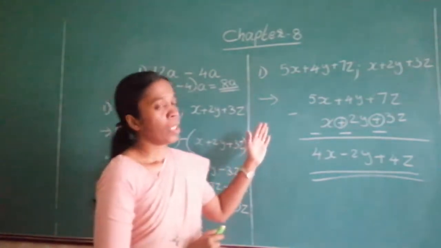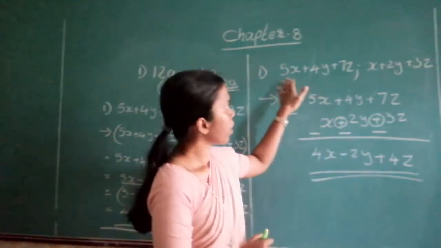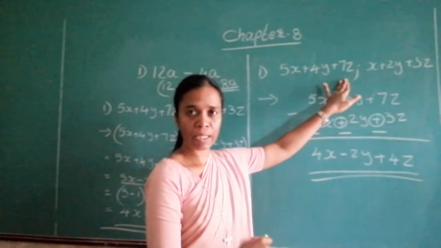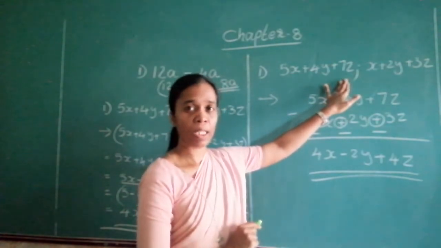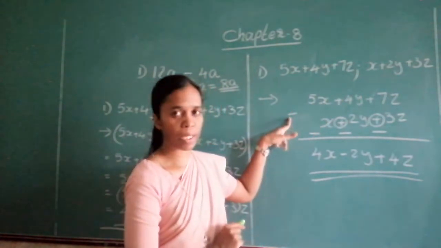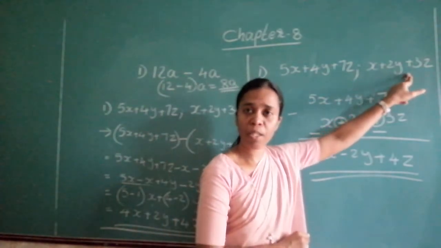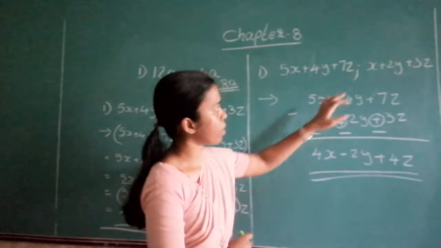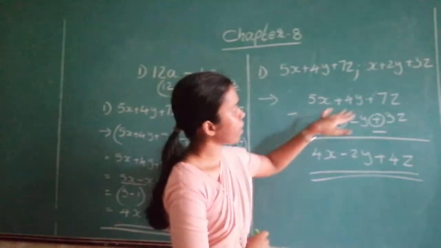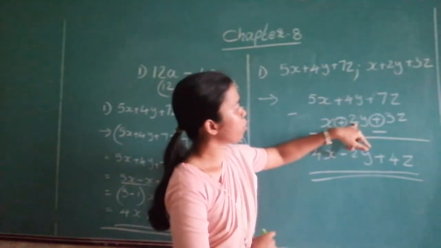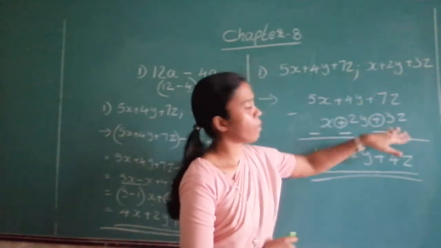Okay. Now coming to the vertical method, first you write the first trinomial as it is. What are we doing? Subtraction. And write the second trinomial. When we write the second trinomial, write the like terms one below the other. x is written below 5x, 2y is written below 4y, 3z is written below 7z.